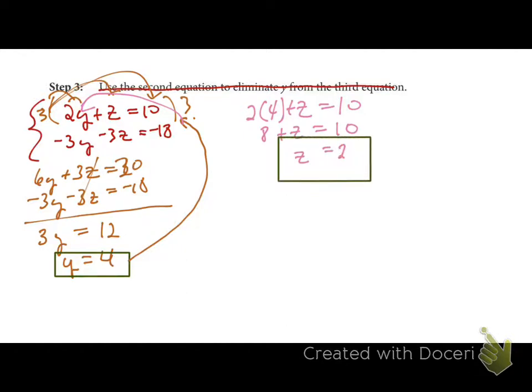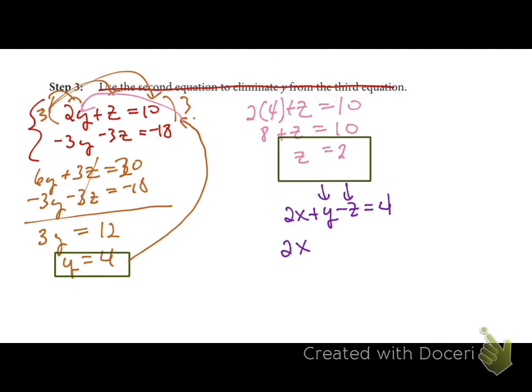Okay. Now we're going to take these two values and go back to one of our original equations. I'm just going to go back to equation 1. From my first equation, I had 2x plus y minus z equals 4. So sub in the y value that you found and the z value that you found.